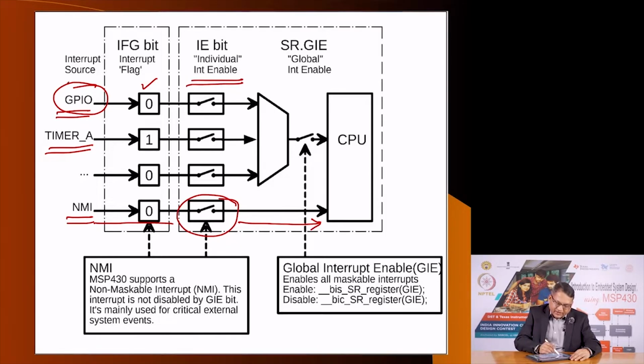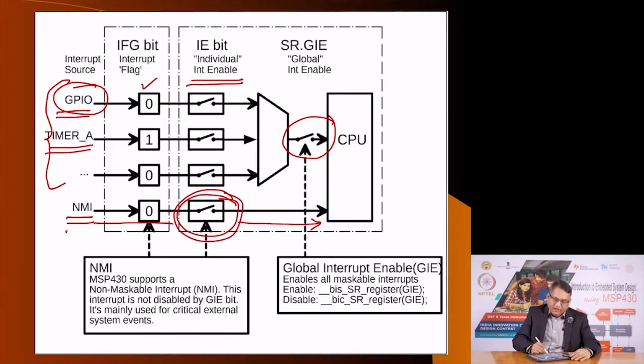On the other hand, the rest of these interrupts are all maskable interrupts, you need an individual interrupt enable bit, but there is also a global sort of switch. If this switch is turned off, then no matter whether an external event happens, no matter whether it has been individually enabled, the CPU will not respond to such interrupts. But for the non-maskable interrupt, there is no roadblock apart from this switch here.